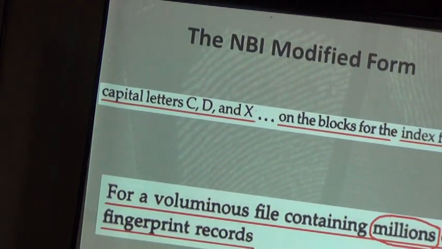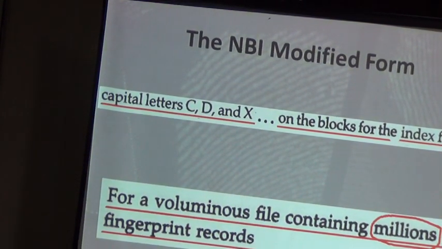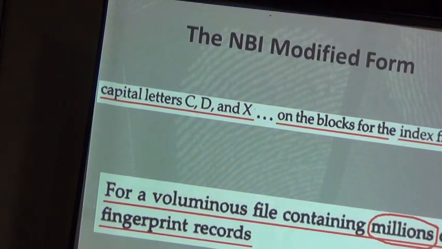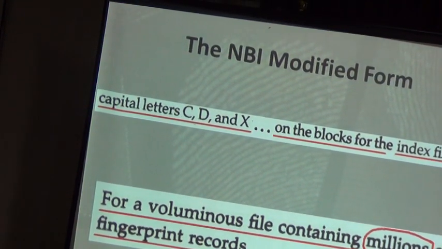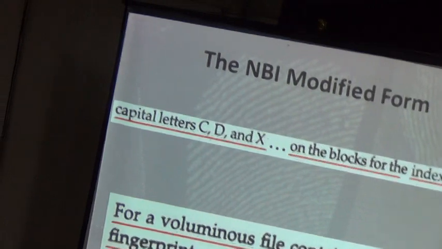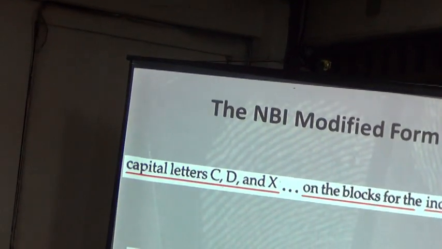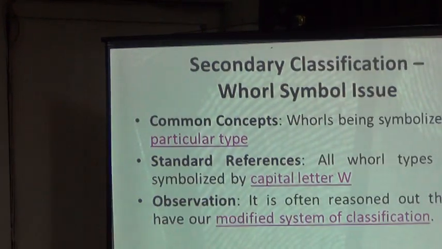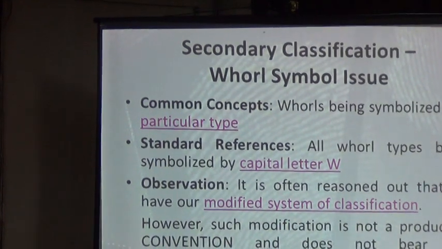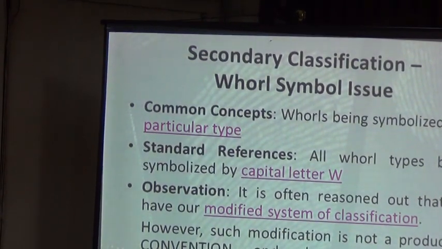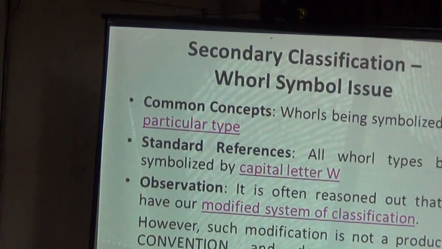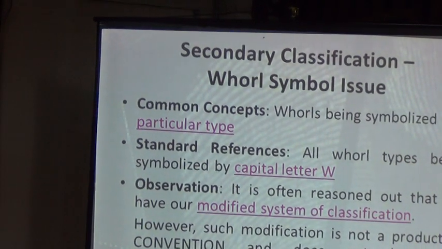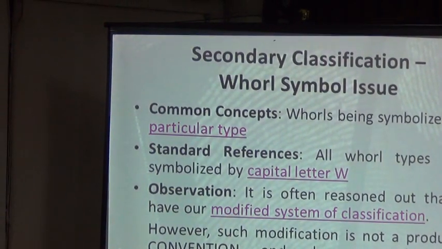And the reason given is millions. Yet, in the FBI, they are already mentioning billions. It is not a product of convention. And of course, there is no imprimatur from the agency.